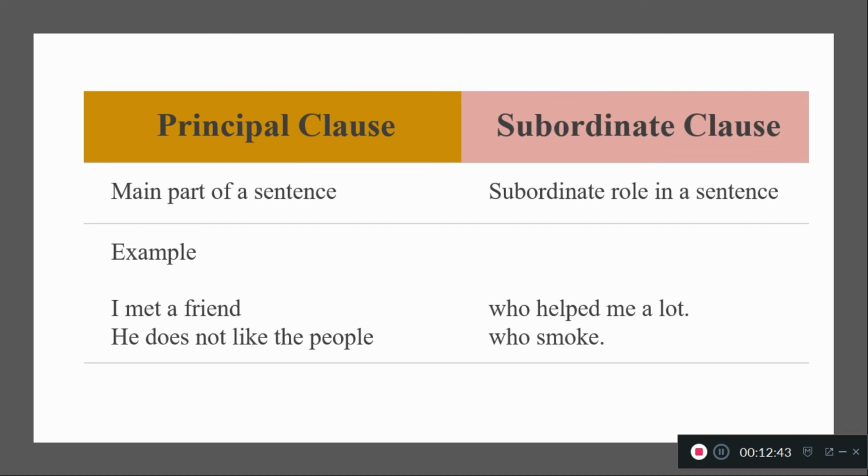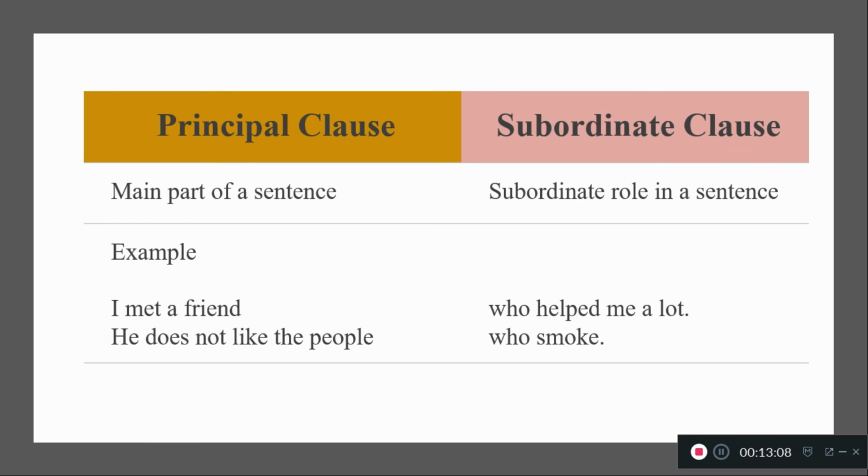And a subordinate clause or dependent clause is that clause which alone cannot express a complete meaning. It alone cannot stand as a sentence because it depends on the other clause or the principal clause to give a complete meaning. It serves a subordinate role in a sentence. Look at the example sentences.